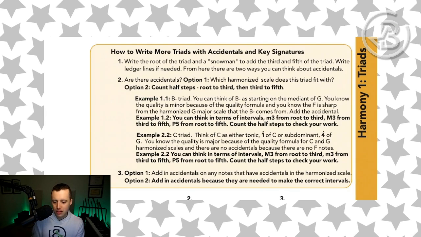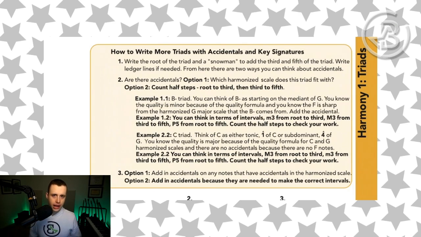Now, step number 2, you can do step number 2 in 2 ways. The first way is you think about the intervals. Like we've been talking about, a major triad is going to have the interval of a major third between the root and the third, and the interval of a minor third between the third and the fifth.